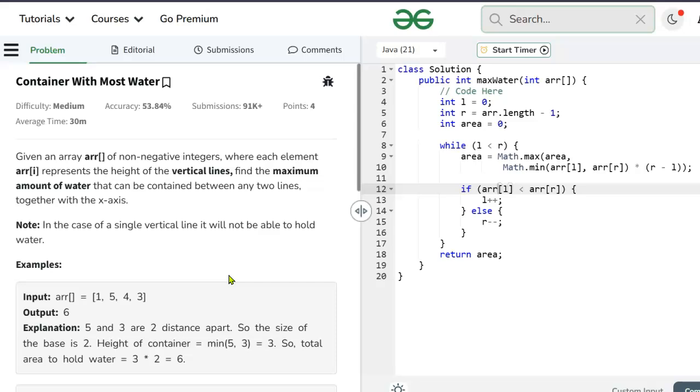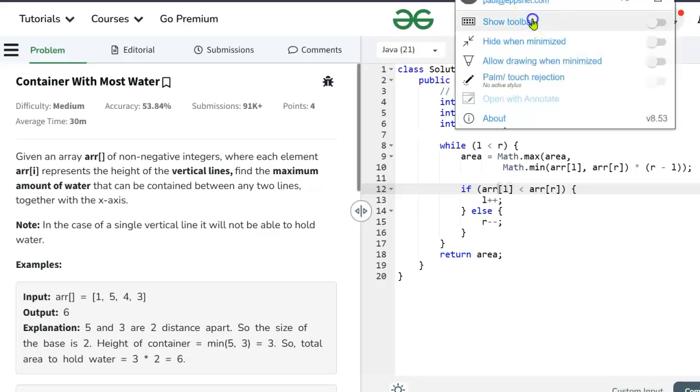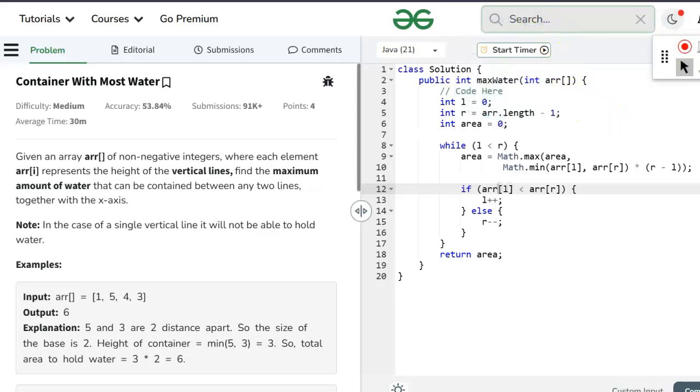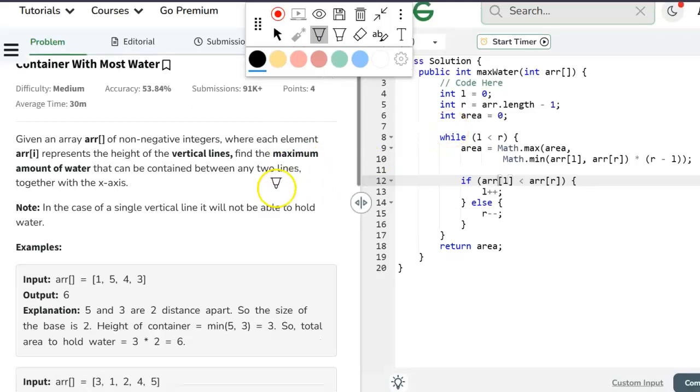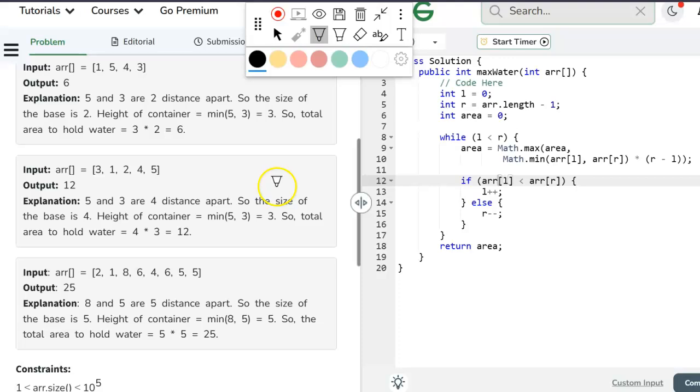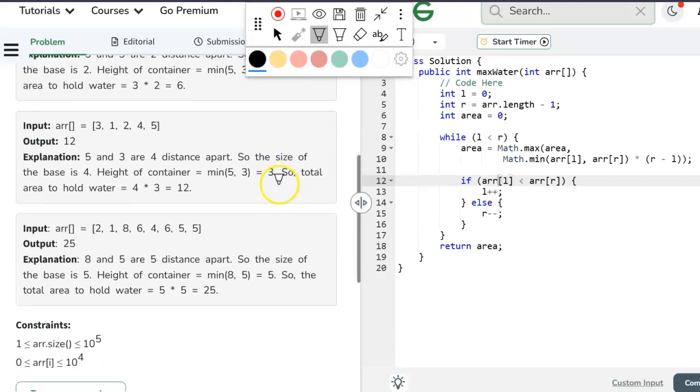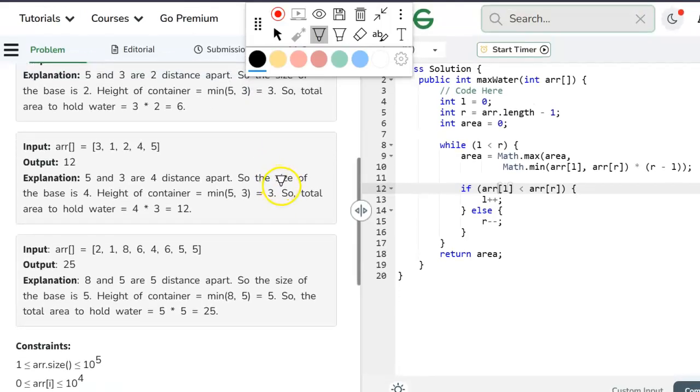I think I'll get a pen here. And scoot this out of the way. So the way that we solve it, and I think the third example here is probably the best, is two pointers.